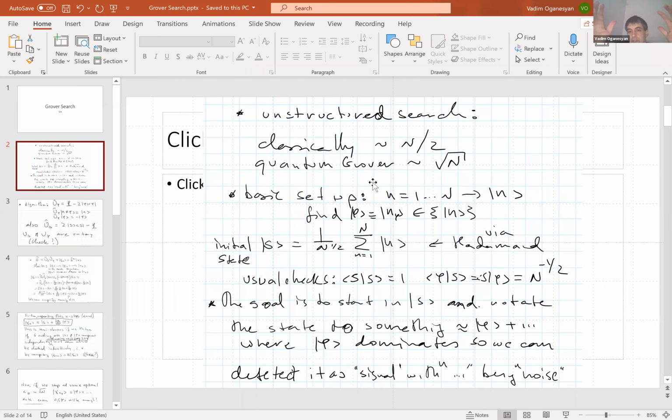So the size of our Hilbert space is going to be capital N. The orthogonal basis of that Hilbert space is going to be vectors assigned to each entry of the database. So if the database is just a bunch of numbers from 1 to capital N, then each of the states is labeled as 1, 2, 3 up until capital N, as orthogonal states.